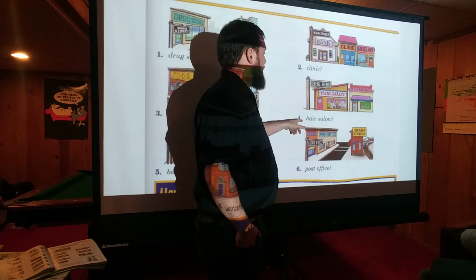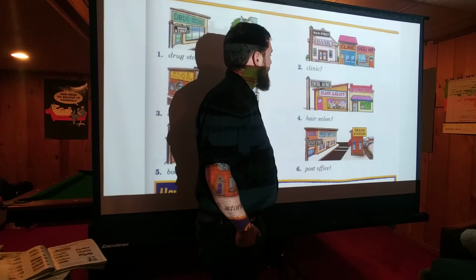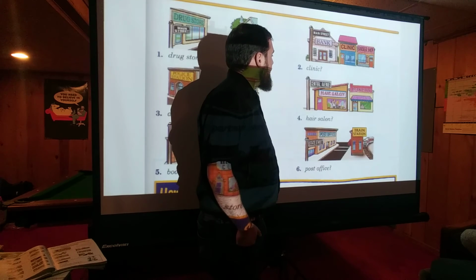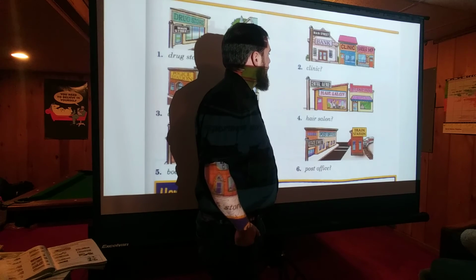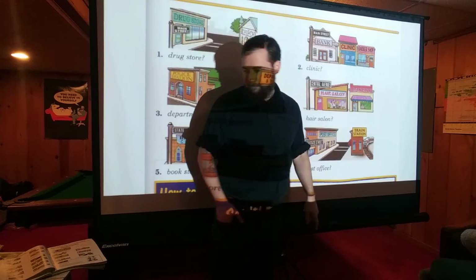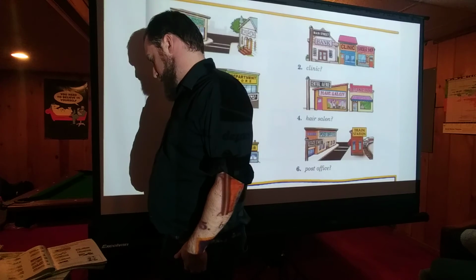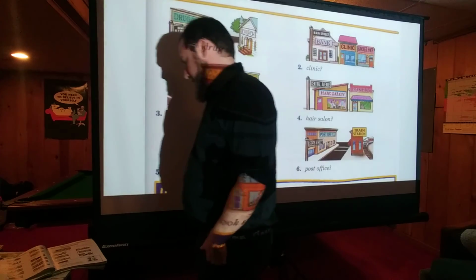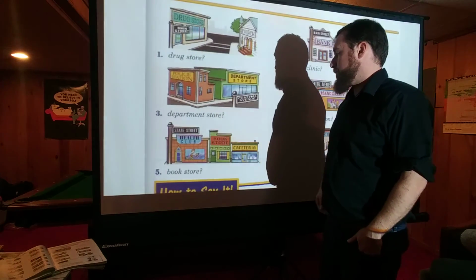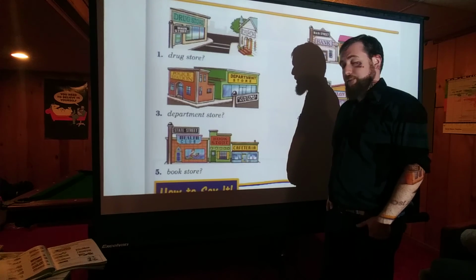Number 4. Excuse me, is there a hair salon in this neighborhood? Yes. There's a hair salon on Central Avenue, next to the bakery. Okay. Good. Number 5. Excuse me, is there a bookstore in this neighborhood?